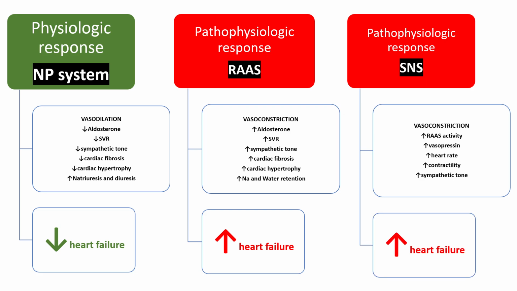This ultimately leads to increased circulating blood volume, which will increase preload and increase the stroke volume and improve cardiac output, but ultimately this mechanism is also detrimental and causes worsening in heart failure.